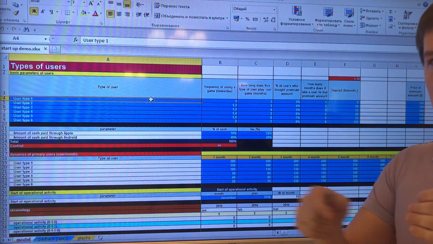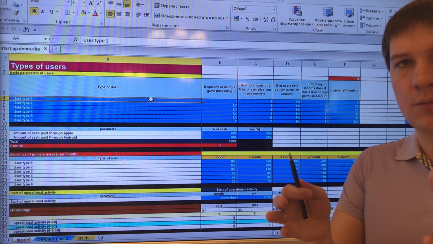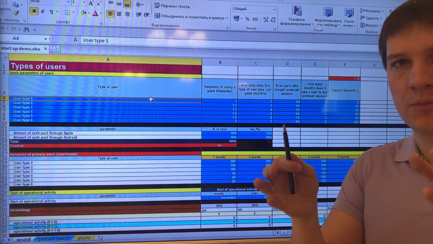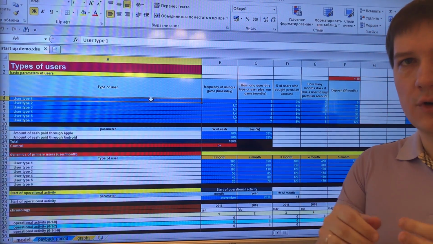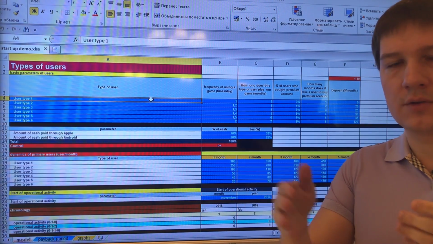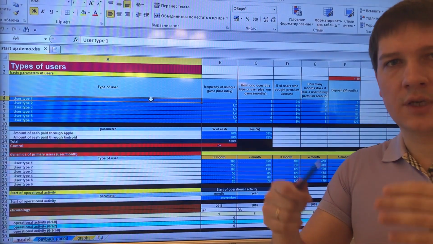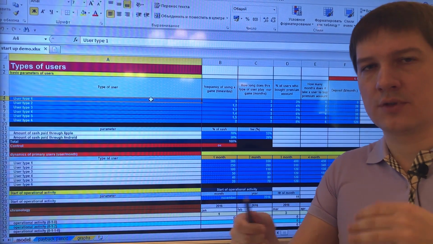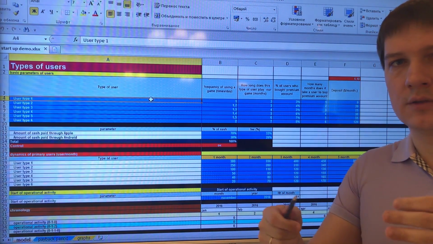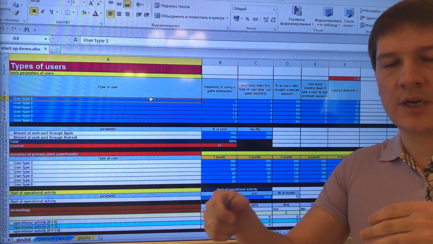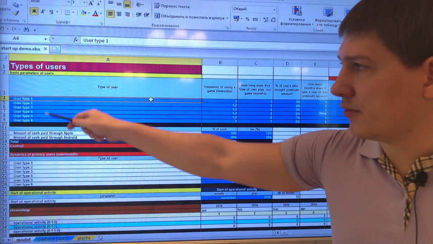This is very important because the cash flow from premium account revenue will move from left to right, since not every person buys a premium account right after downloading the game. So some time will pass before the purchase for each type of user.